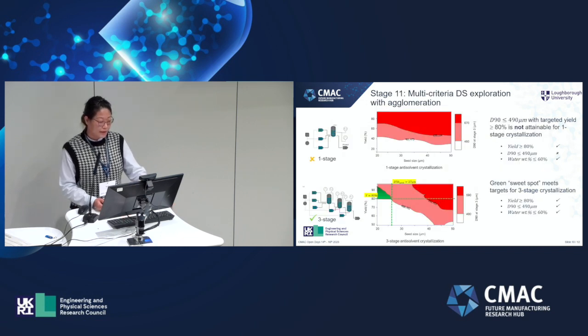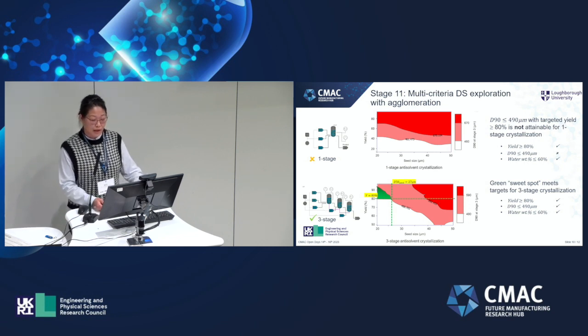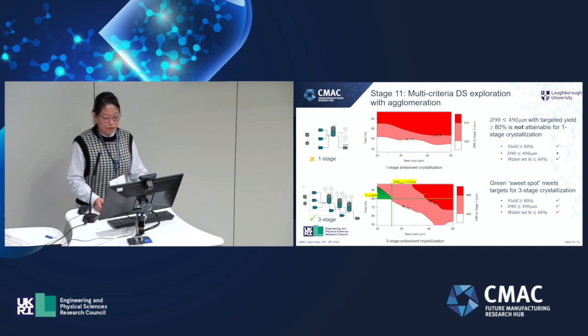And for this stage, we continue to the three-stage with the presence of the agglomeration. Previously, with just the nucleation and growth kinetics, we used the existing seed in stock, which is not optimized. But under the presence of agglomeration, none of the configurations, regardless of the number of stages, can satisfy the particle size necessary for the required dissolution rate.